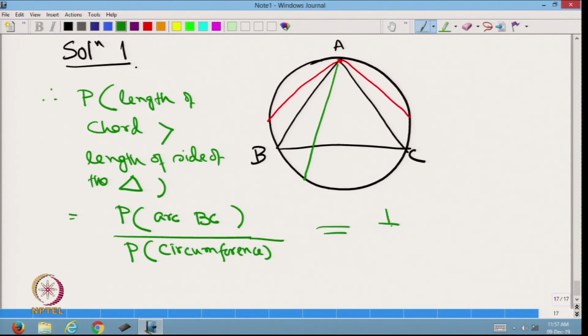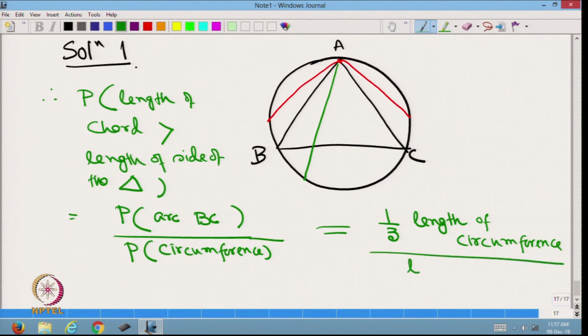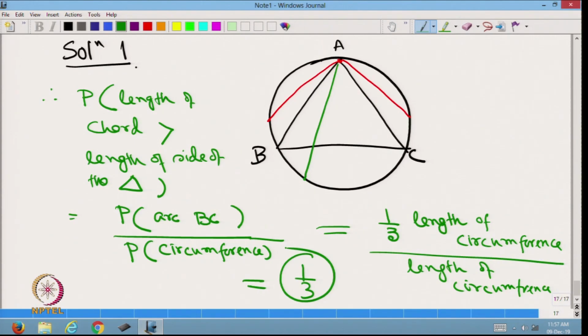This is equal to 1/3 of the length of circumference divided by the length of circumference, which is equal to 1/3.